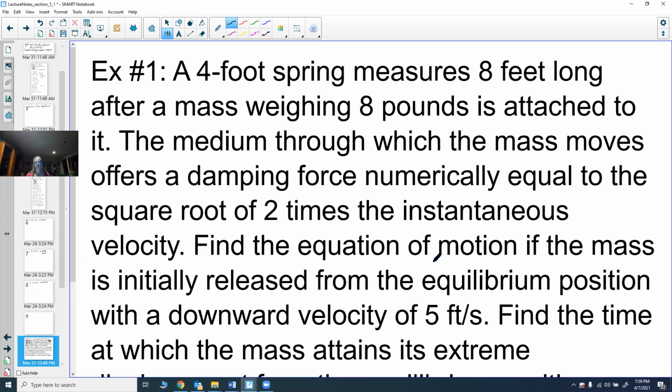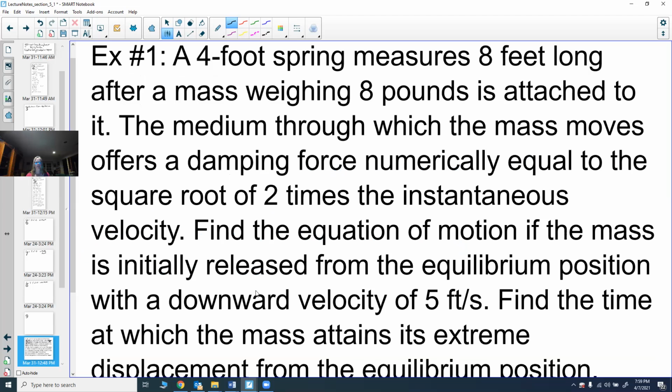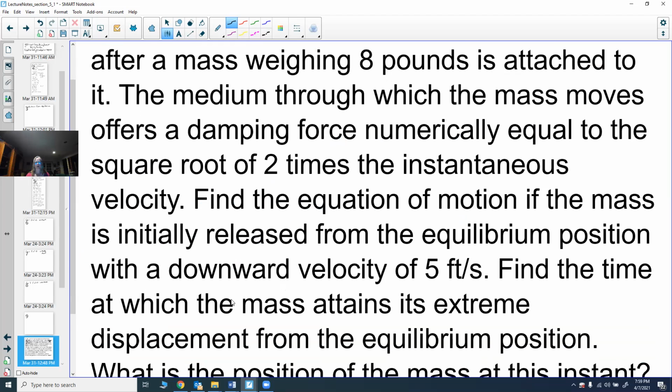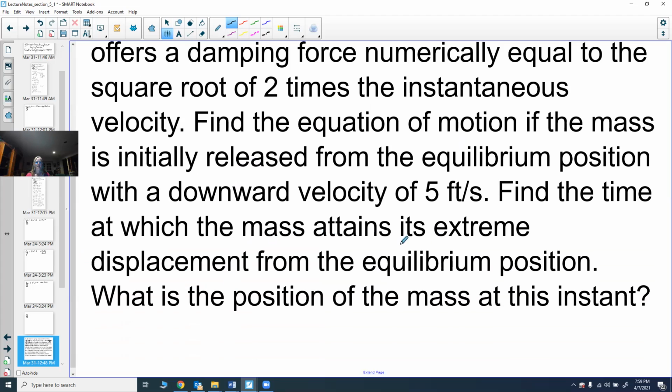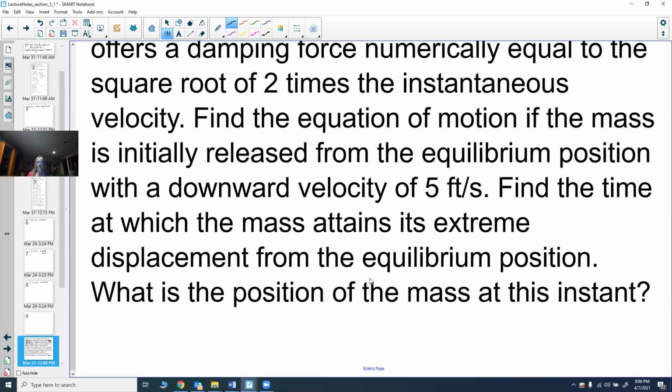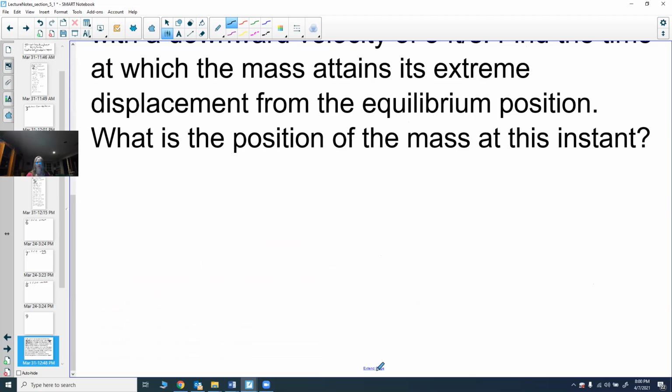I'd like to find the equation of motion if the mass is initially released from the equilibrium position with a downward velocity of 5 feet per second. And I'd like to find the time at which the mass attains its extreme displacement from the equilibrium position, and what is the position of the mass at this instant. So I may not do all of this, but let's at least get started.